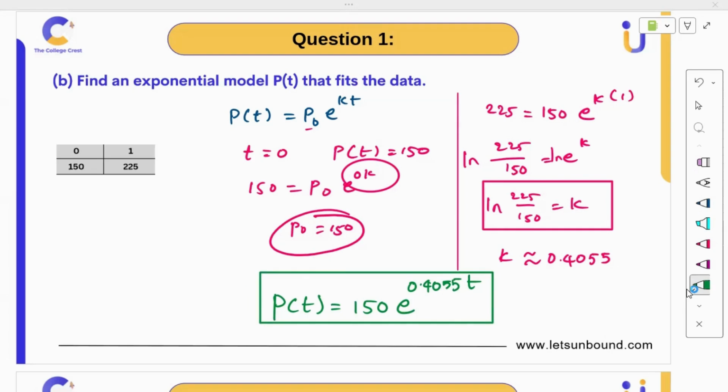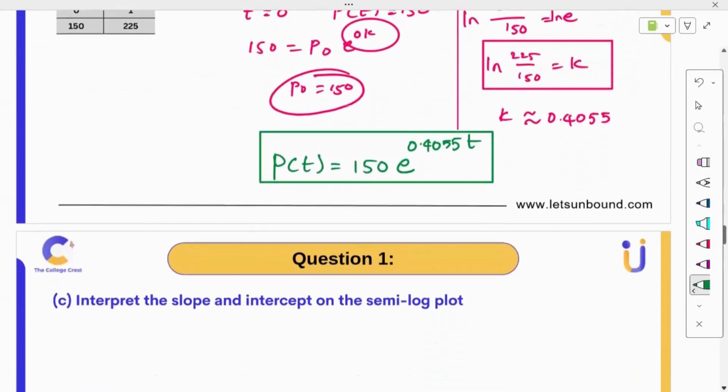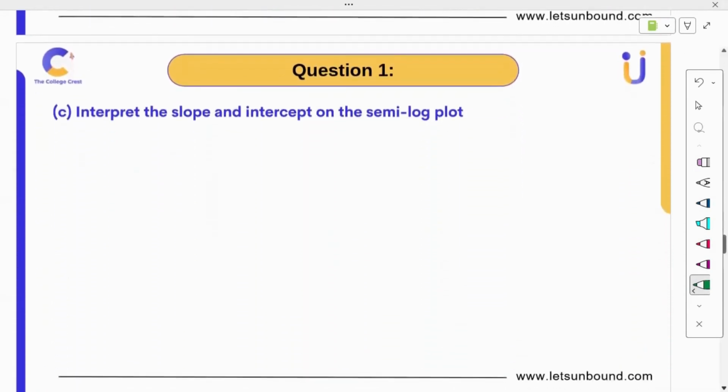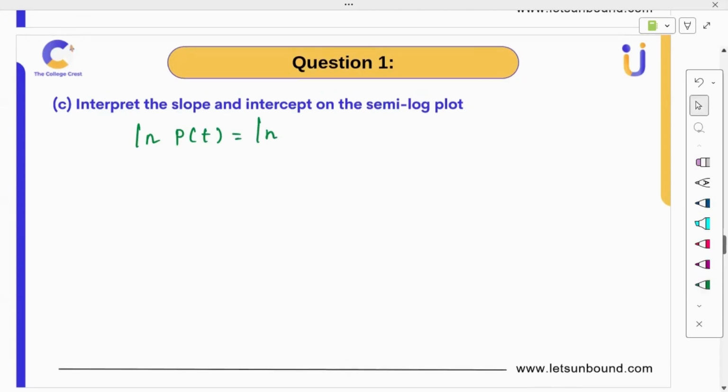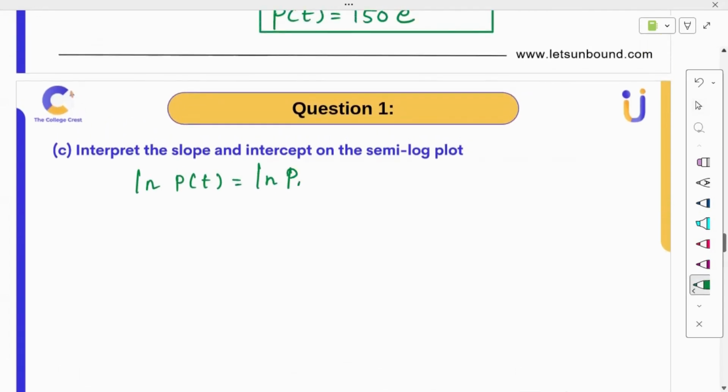Getting into the next part: interpret the slope and the intercept on the semilog plot. In a semilog plot, we did this while testing the hypothesis: ln P of t equals ln P naught plus kt. Now I know what P naught and k are.